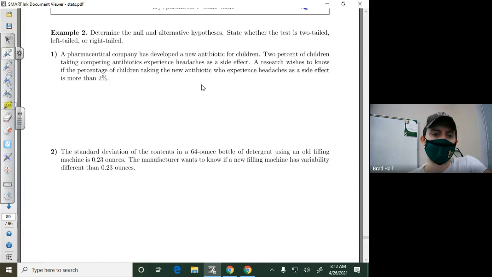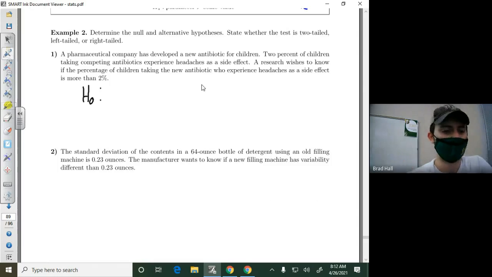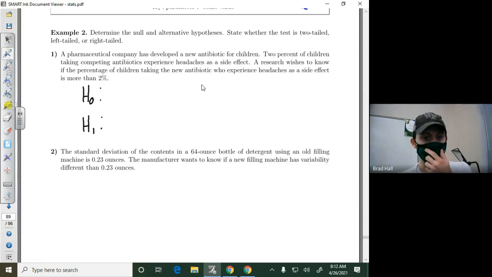A researcher wishes to know if the percentage of children taking the new antibiotic who experience headaches is more than 2%. We need to take that whole paragraph and break that down into a nice compact statement for the null and for the alternative hypothesis.